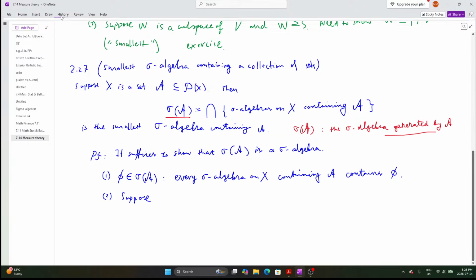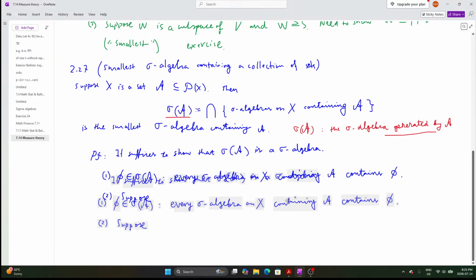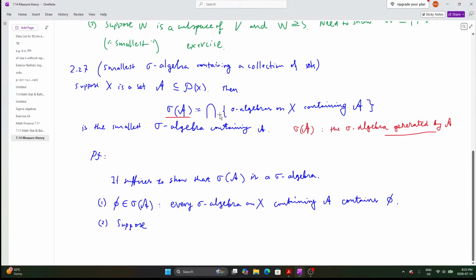Actually, let me just add one more sentence here. The intersection needs to be taken over a non-empty family.